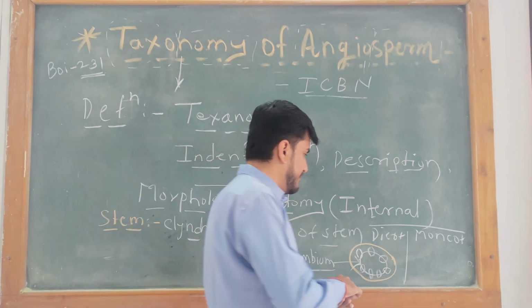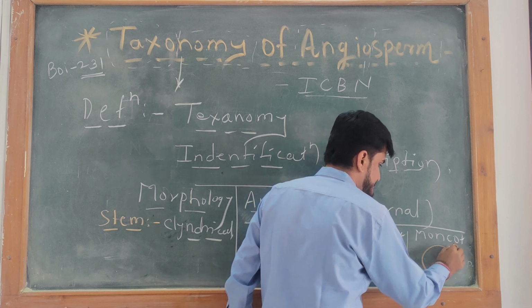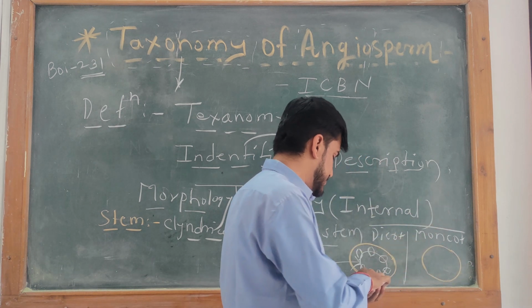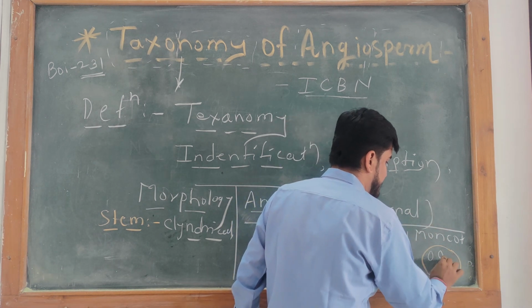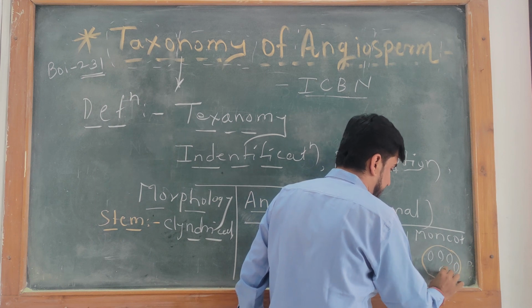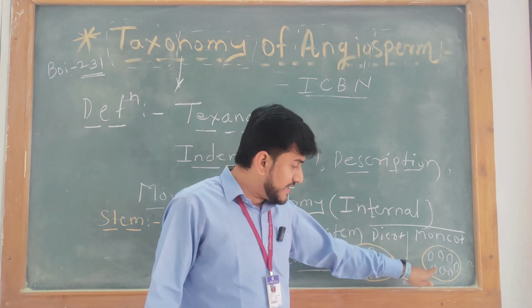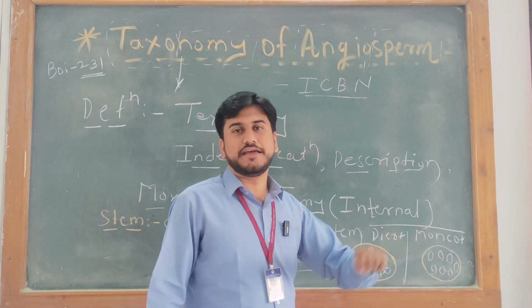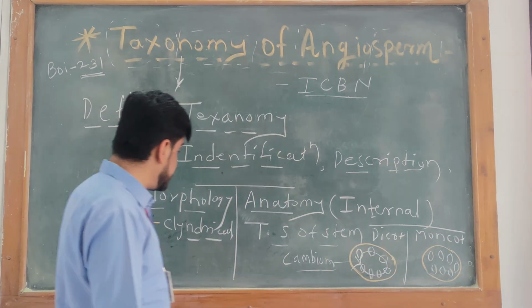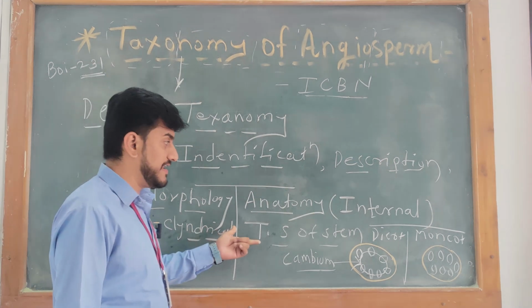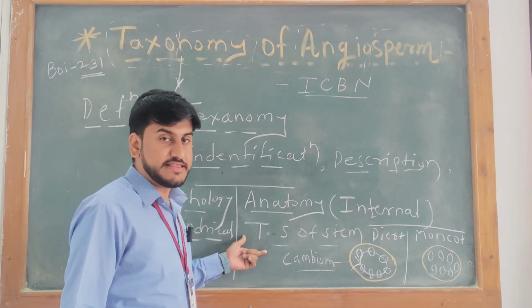But the second one is the monocot plant. There is no cambium ring. Absence of cambium ring means it is totally absent and the vascular bundles are arranged in a scattered manner. So this is the difference between morphological and anatomical features in the plant body.